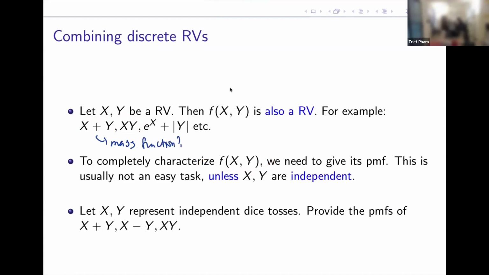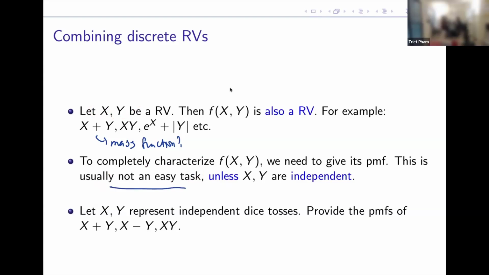But notice, pay attention, and this idea will come about 2 or 3 lectures later, this is not as easy as working with an individual random variable. Because not only do you need to worry about how x takes value and how y takes value, but you also need to know how x and y behave together. That's why it's not an easy task.